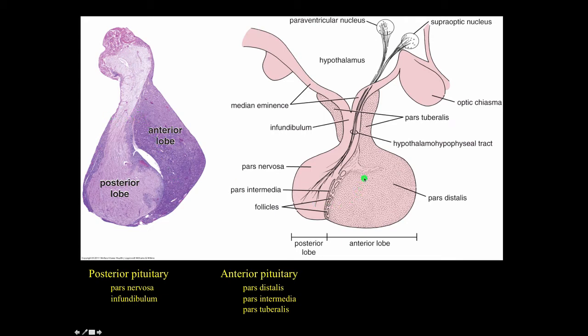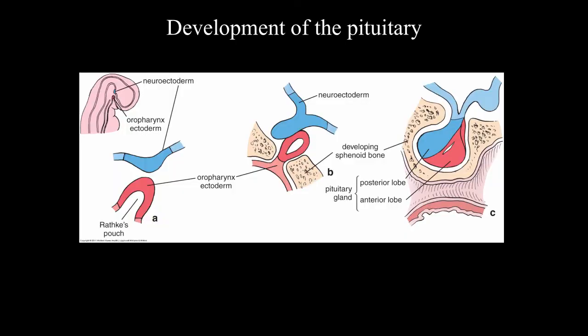And you can see that on the diagrams, so the anterior lobe and the posterior lobe. And this would be diagrammatically the hypothalamus, and we'll talk about these nuclei in the hypothalamus later. And remember, from the point of view of the nervous system, when we talk about nuclei, we're talking about collections of nerve cell bodies.